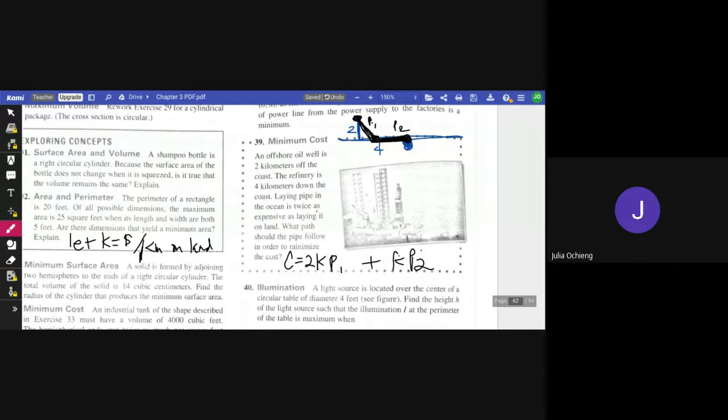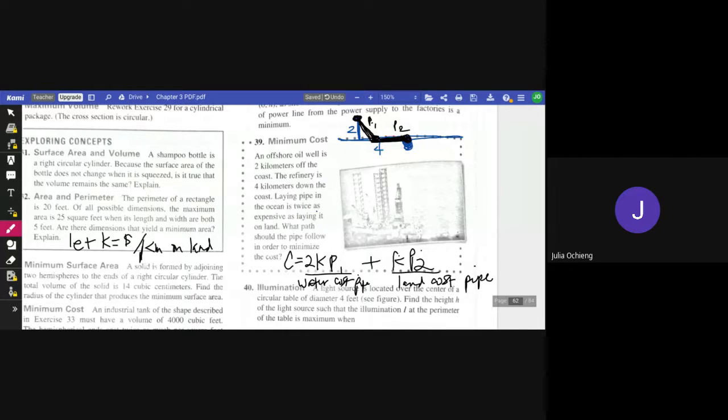So this is my land cost of the pipe. Whatever my length of pipe is in the water, it's going to cost twice as much per kilometer. So I'm going to do 2 times K for the cost function times however much pipeline there is. All right, so that's going to be the water cost of the pipe.